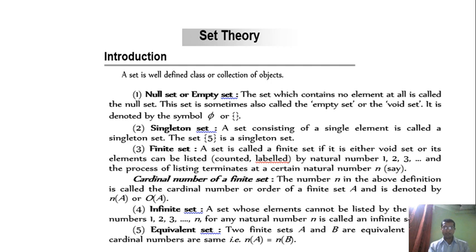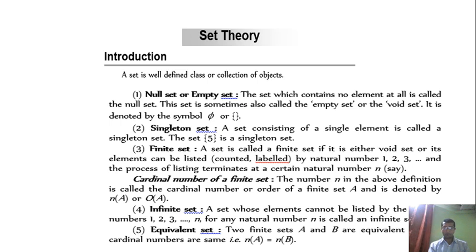Next, infinite set. A set containing an infinite number of elements, a set whose elements cannot be listed by the natural numbers 1, 2, 3, and so on up to n, for any natural number n, is called an infinite set.